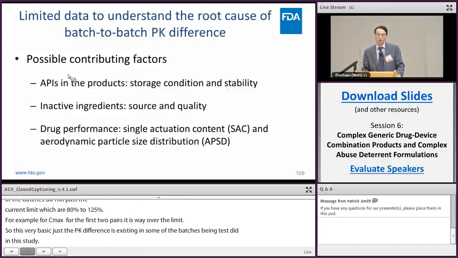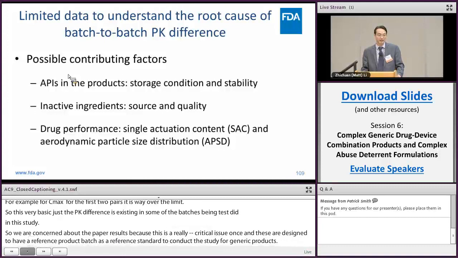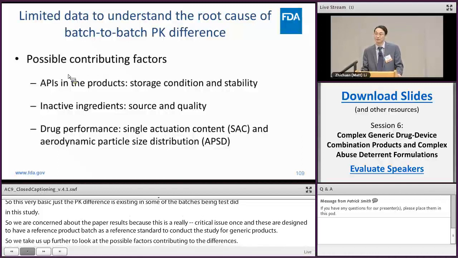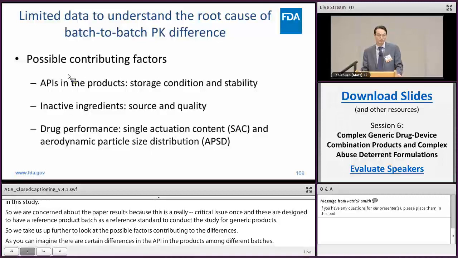So we take a step further to look at the possible factors contributing to the batch-to-batch differences. As you can imagine, there are certain differences in the API in the products among different batches. The storage condition as well as stability may also differ. And inactive ingredients from some sources may affect the quality.